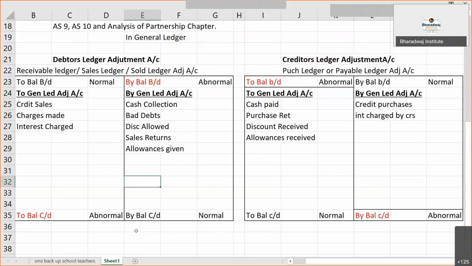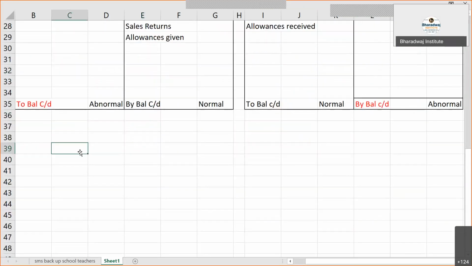Here what we have to learn is transfer. What is a transfer? Let's assume to X we have sold for 4 lakhs. From X, we have purchased for 3 lakhs.